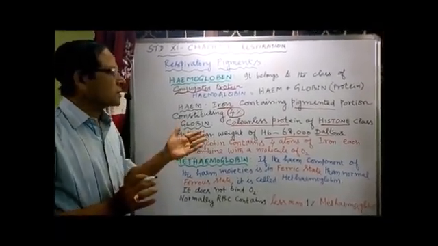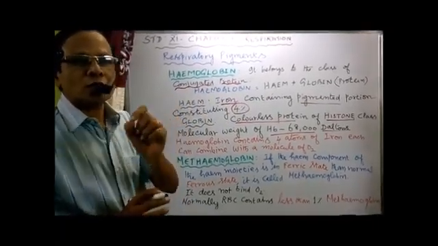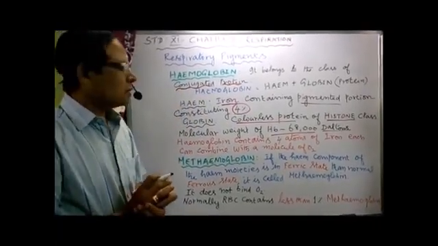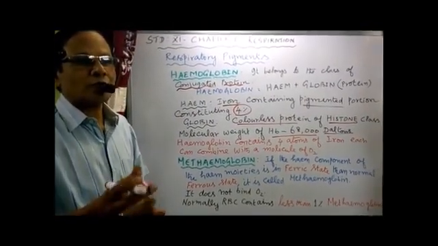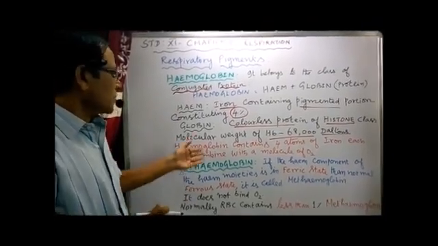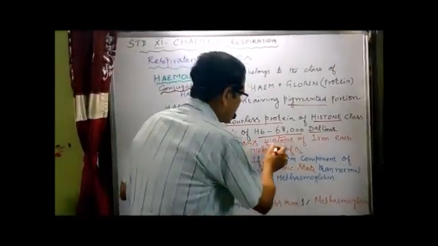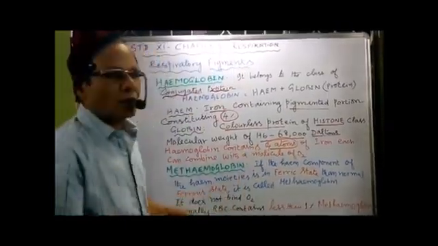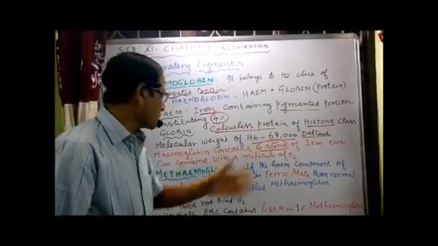So the oxygen carrying capacity of one hemoglobin molecule is 4 molecules of oxygen. That's why each hemoglobin carries 4 oxygen molecules.